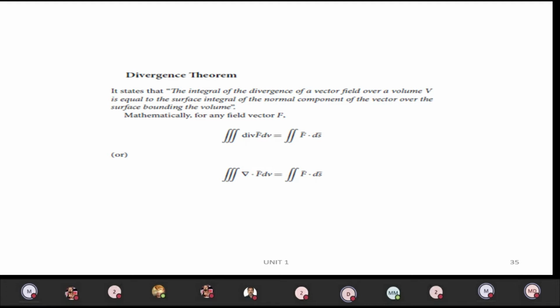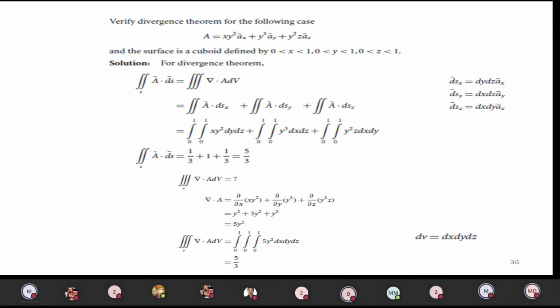You can see a model problem related to the divergence theorem. Here they have given us a vector A equal to xy square ax vector plus y cube ay vector plus y square z az vector. The surface is a cuboid defined by 0 less than x less than 1, 0 less than y less than 1, and 0 less than z less than 1.